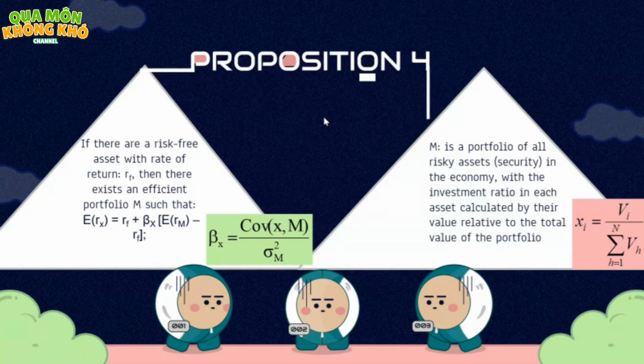M is a portfolio of all risky assets in the economy, with the investment ratio in each asset calculated by its value relative to the total value of the portfolio.